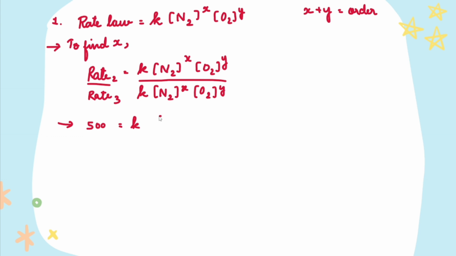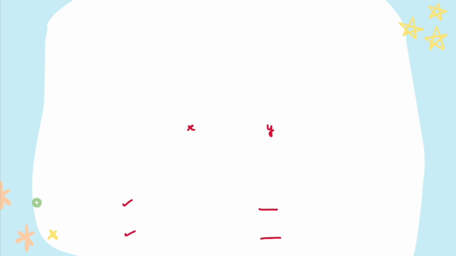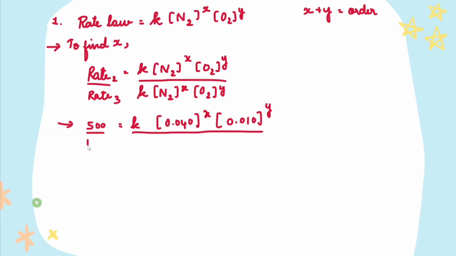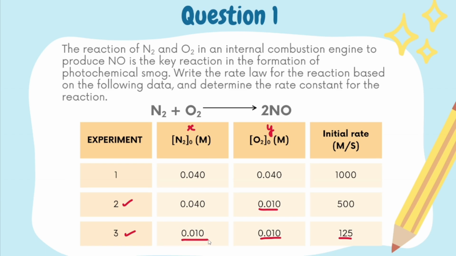This is divided by the rate of the third experiment, which is 125. So we are going to substitute that: 125 is equal to K into 0.010 to the power of x, into 0.010 to the power of y.